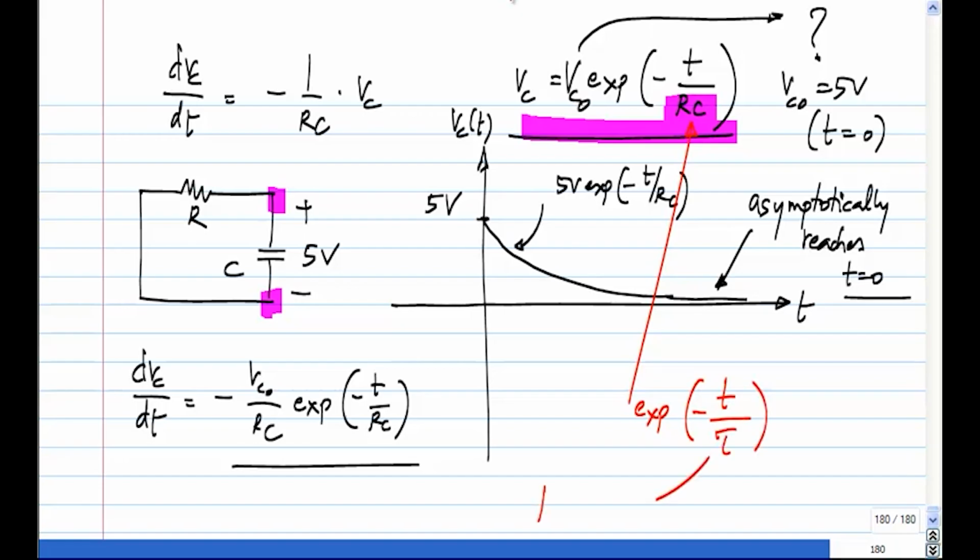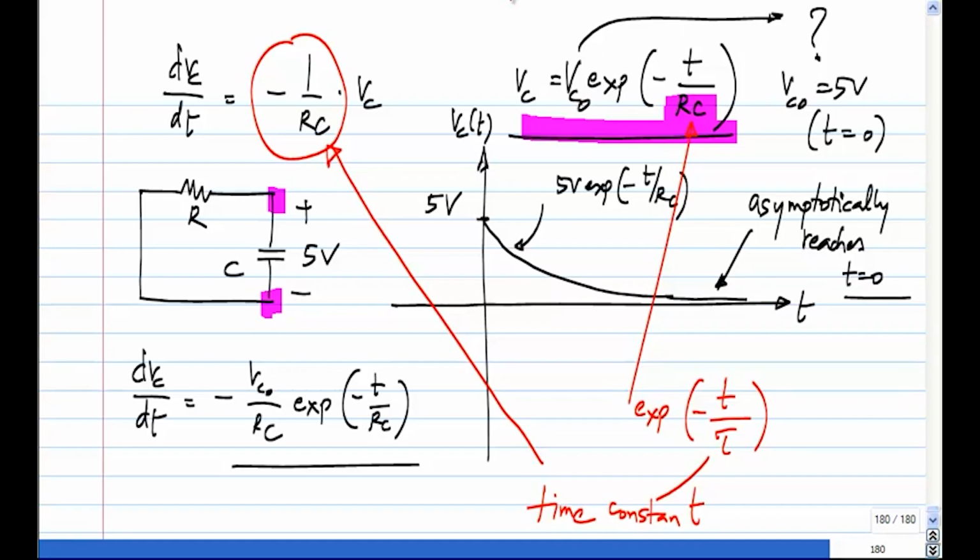This is known as the time constant. And that comes about because when you write the homogeneous differential equation like this, the coefficient is over there. You have minus 1 by Rc. That's what makes this Rc go into this exponential, right? So that's a characteristic of the solution to this differential equation. That's the time constant.